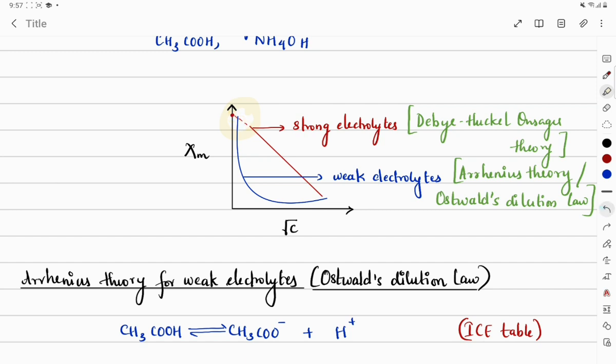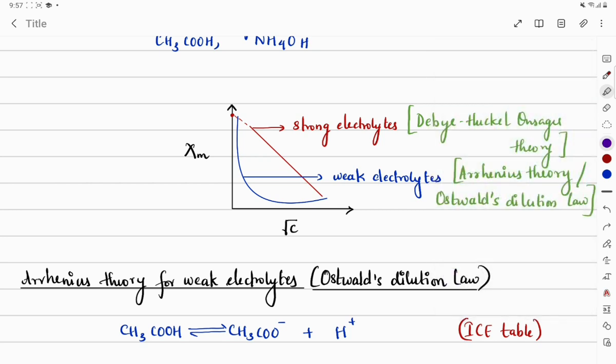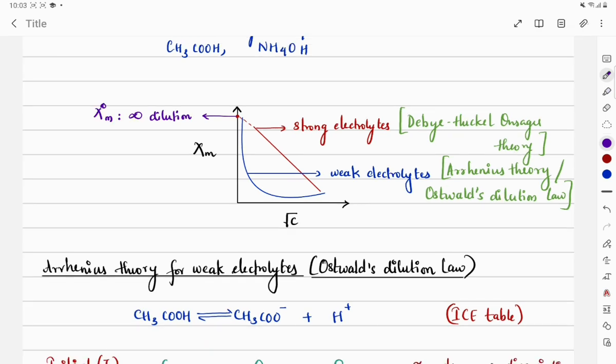Infinite dilution means concentration is almost zero. So this is a point of infinite dilution and we will represent it as lambda 0 m.